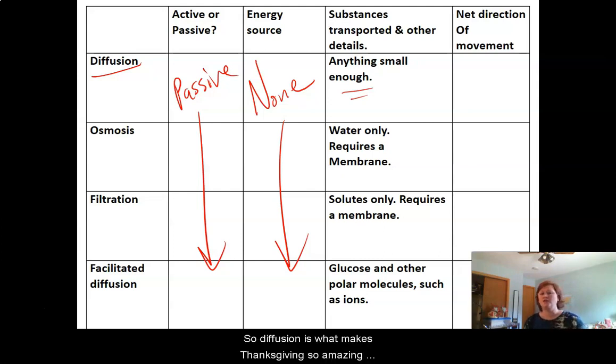So diffusion is what makes Thanksgiving so amazing, because the whole house smells like Thanksgiving. Or for me personally, on weekends, if my husband wakes up before me and he's got bacon already in the oven for breakfast, the whole house starts to smell like bacon and coffee. Which, I mean, really, is there anything better? So that's all diffusion.